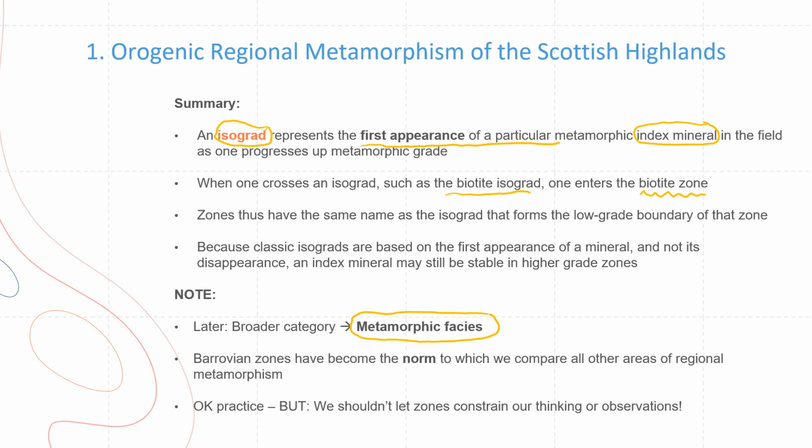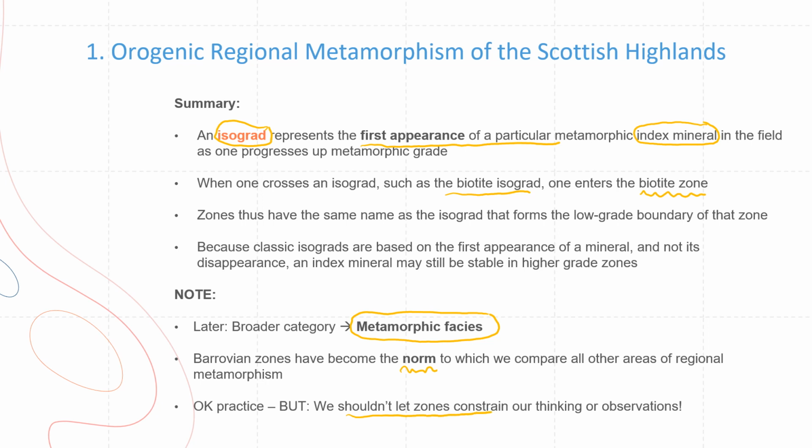across metamorphic grades. So Barrovian zones have become the norm, to which we compare all other regional metamorphism areas. And this is an okay practice, so if you identify Barrovian metamorphism in other areas, it's okay to go, okay, so this is the sequence of minerals that we will expect, but it is important to note that we shouldn't let zones constrain our thinking and observations.